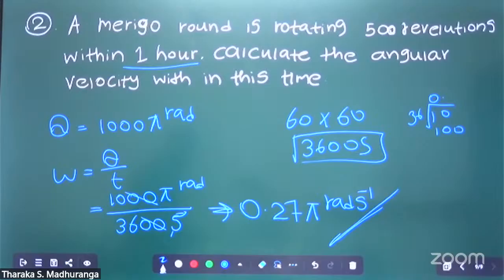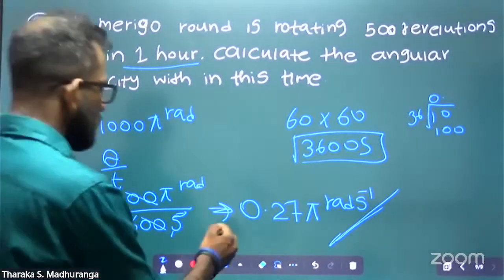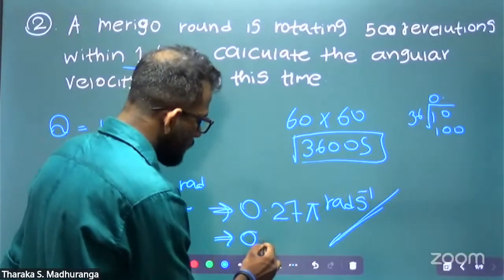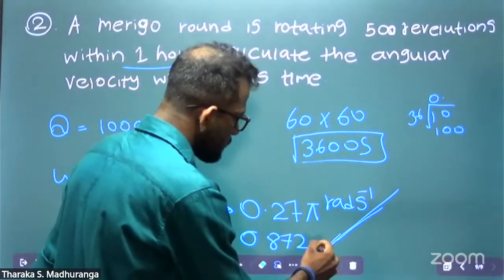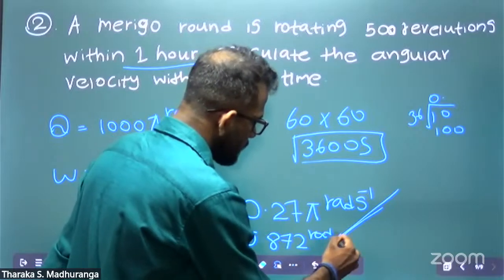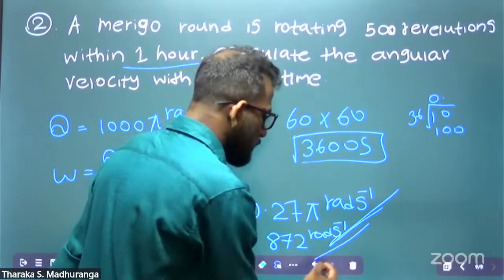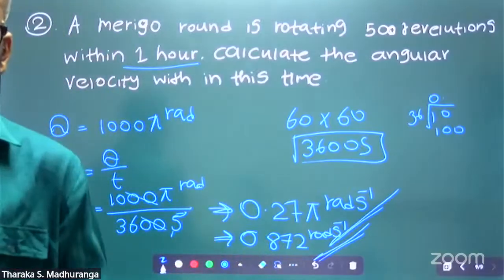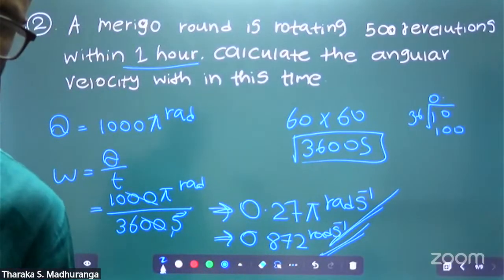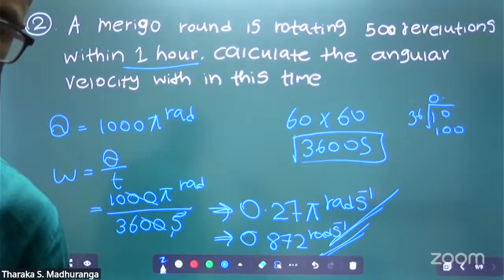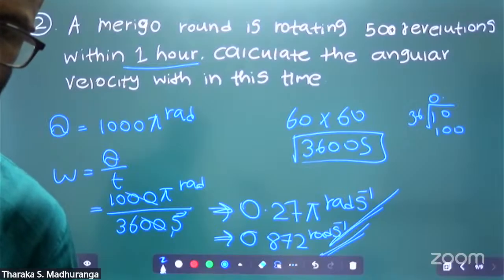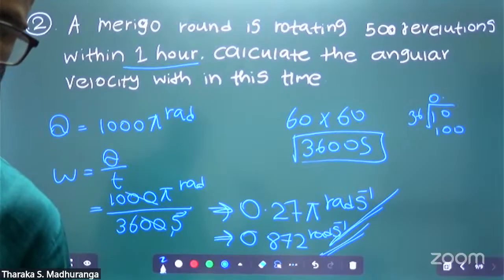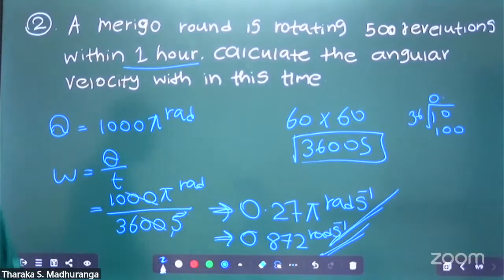Yeah, 0.872 rad per second. Okay, then both answers are correct. Any answer is acceptable. 0.87. Then who got it? Yes, Tinul correct. Sarmia, have you understood? Yes, Vihenga correct. Okay, now correct.